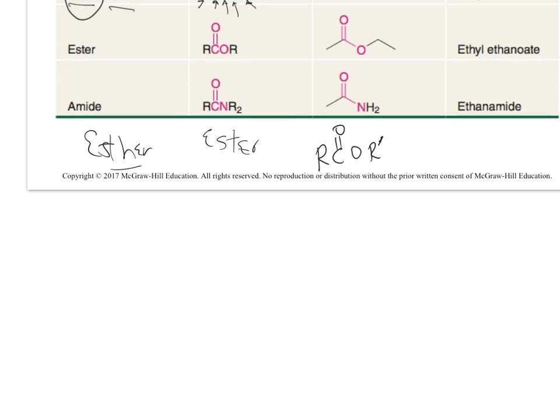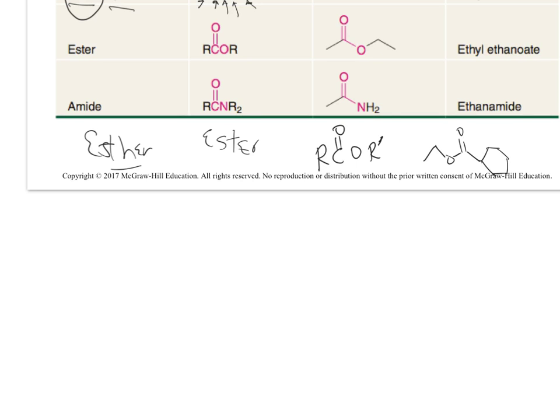This is still an ester, because even though it goes in a different order, it goes R, oxygen, carbonyl, R group. Or you could draw it at a 90-degree angle, and it would still be an ester. Sometimes people don't recognize the functional group because they're used to looking at this table and thinking, okay, alkyl halide has to go RX, and then forget that it could go XR, or it could go up and down.